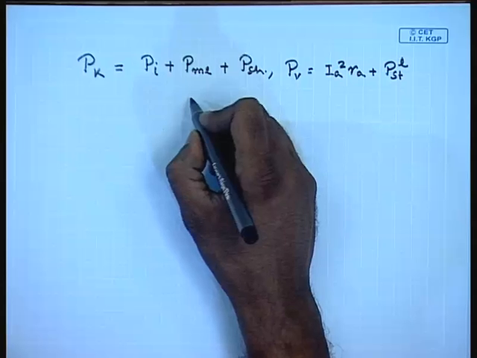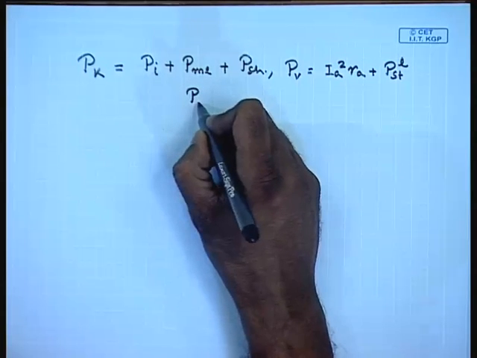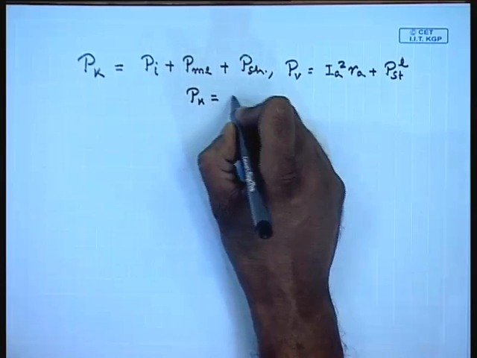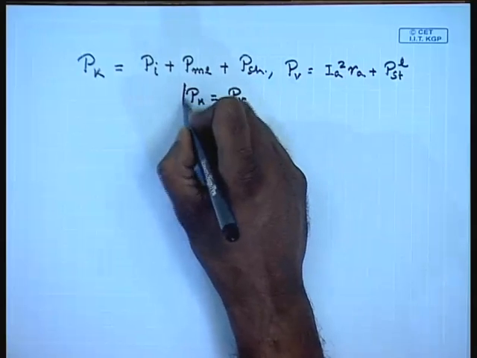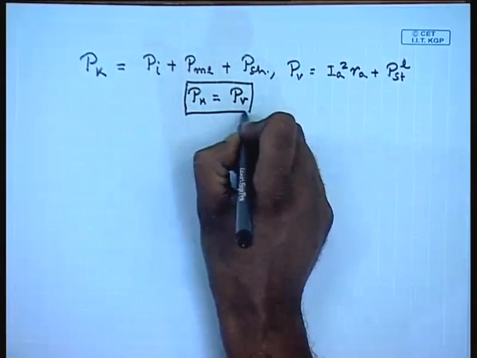Maximum efficiency of this machine usually occurs when Pk is equal to Pv. This is usually the condition for maximum efficiency.